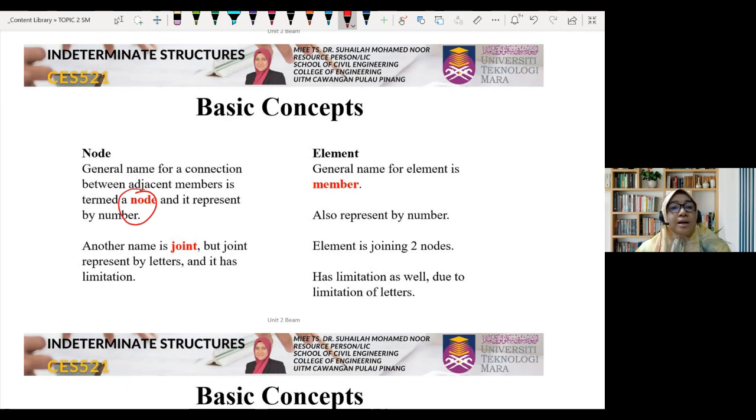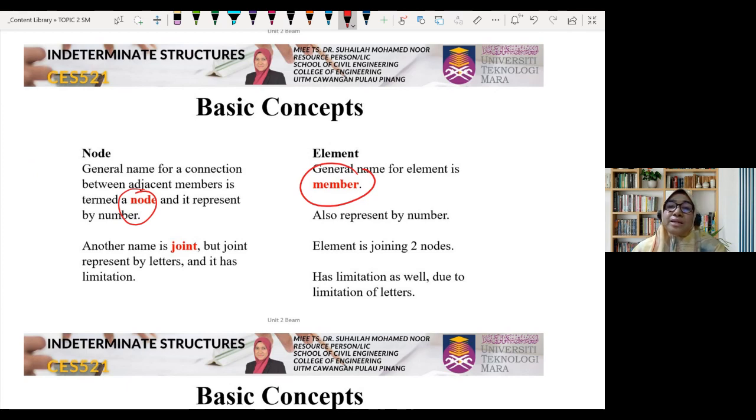Element, what is element? Conventionally, under solid mechanics and determinate structure subjects, you learned the words member AB, member BC, but this time we use element.